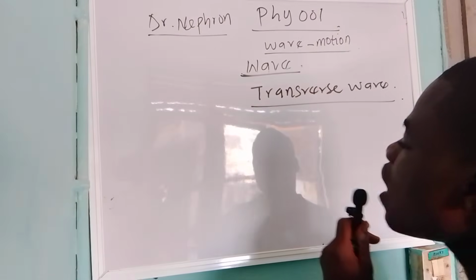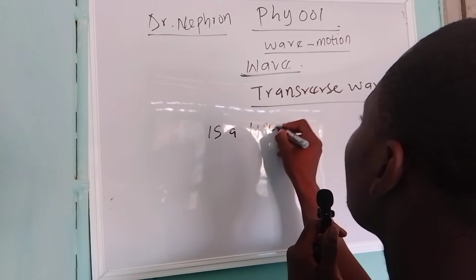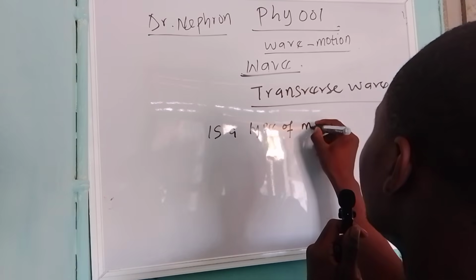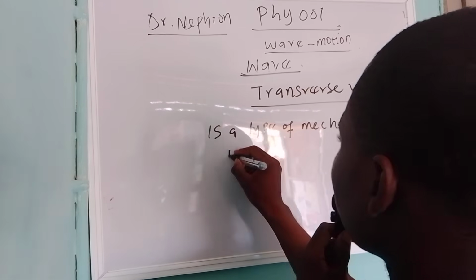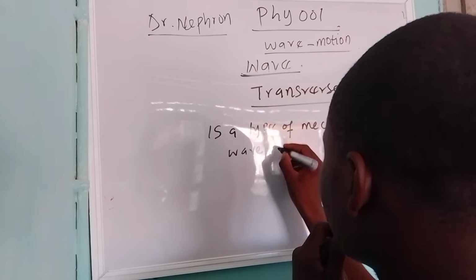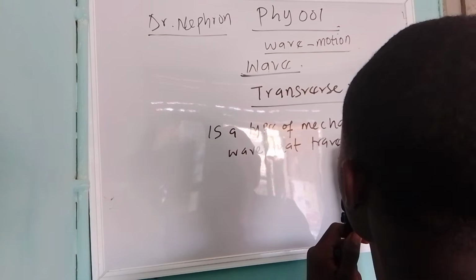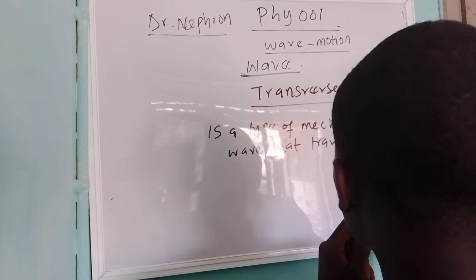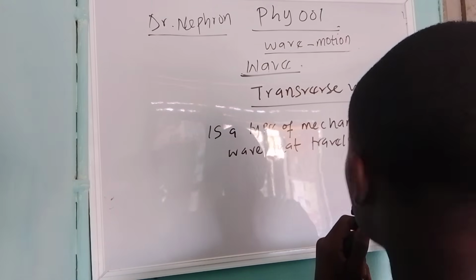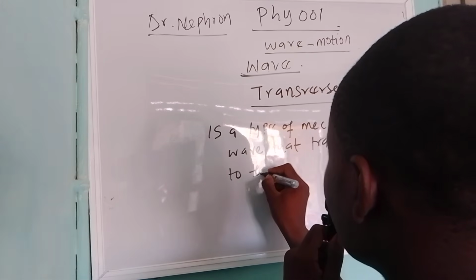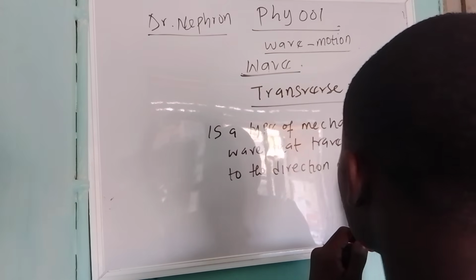Transverse wave is a type of mechanical wave that travels perpendicular to the direction of the medium.